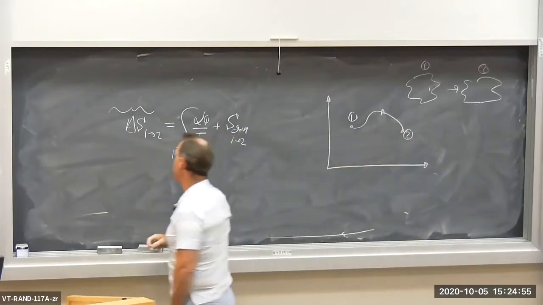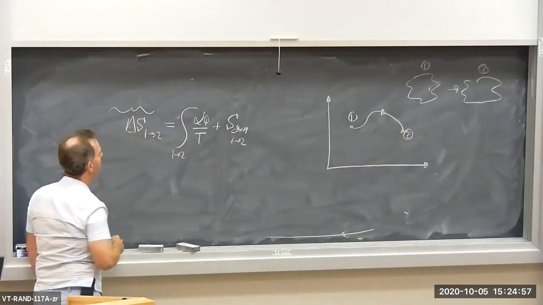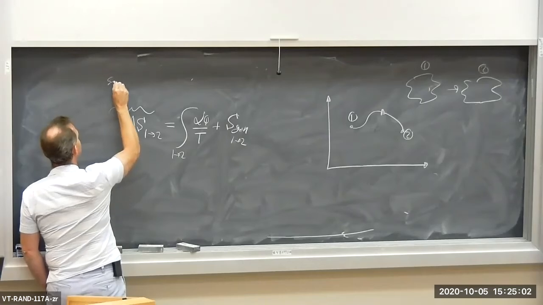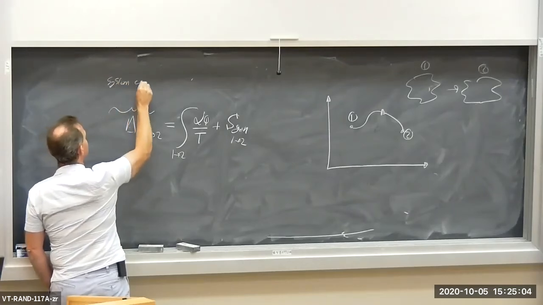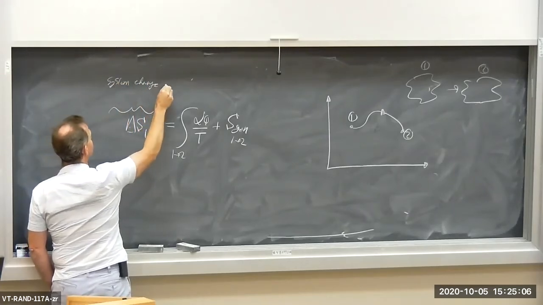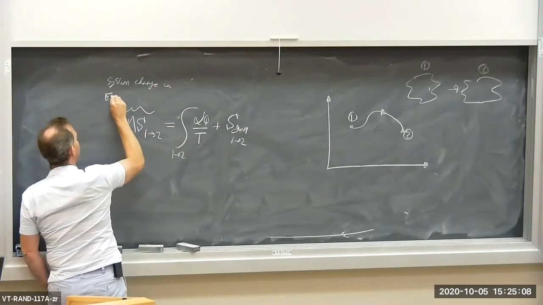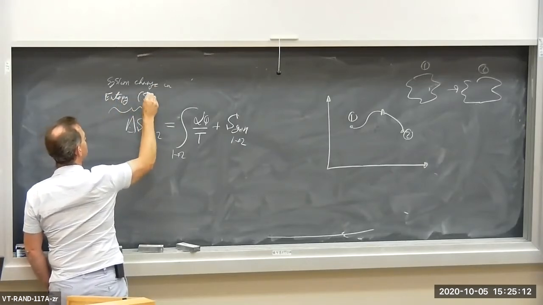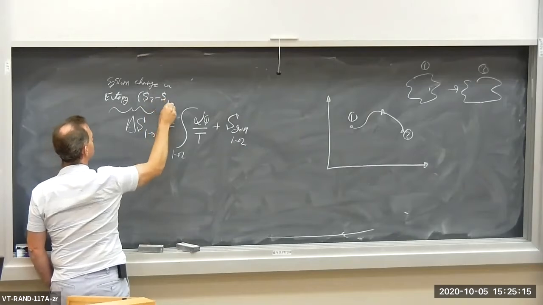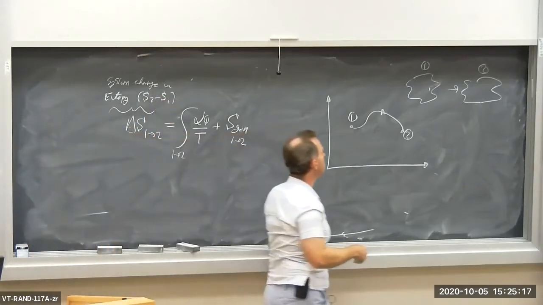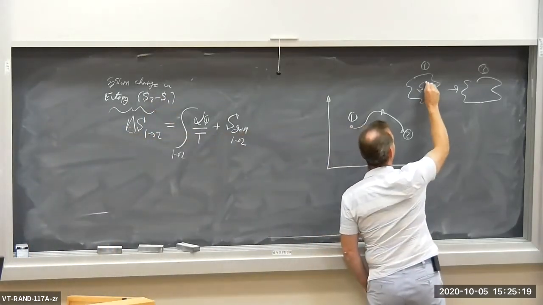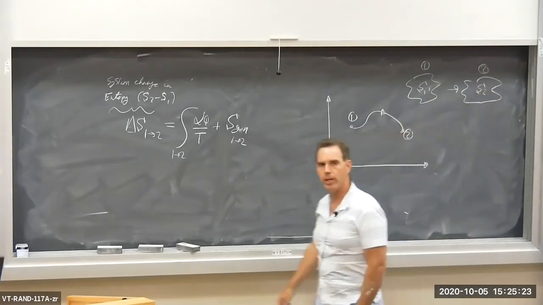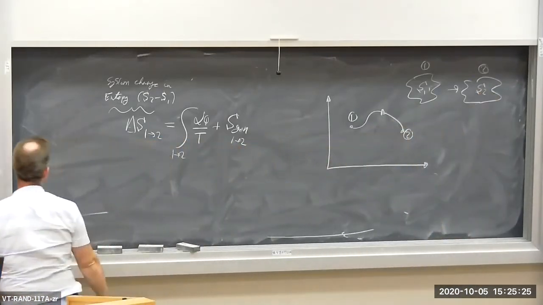So delta S refers to the change in entropy of the system as we go from state 1 to state 2. System change in entropy, S2 minus S1. So the system starts off with an entropy S1, and it goes to state 2 with an entropy of S2. That's what the first term means.